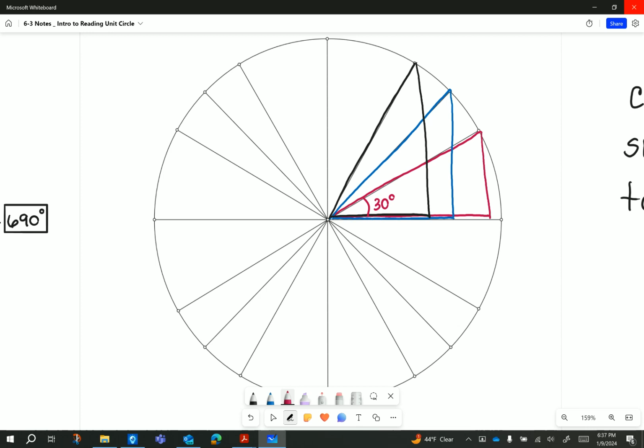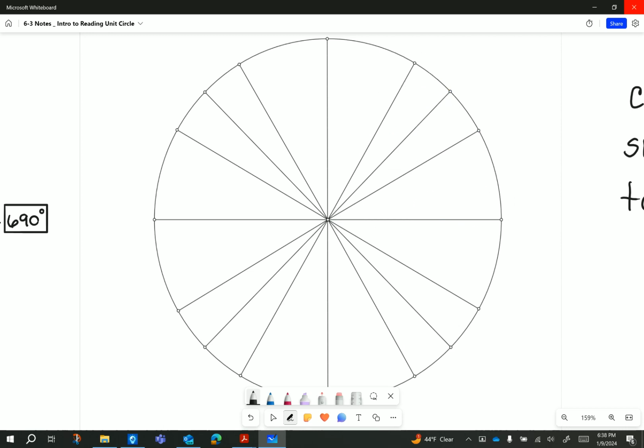If you guessed that the blue triangle, this interior angle, was a 45, 45, 90, you are correct. Then you switch back to the black one, which is kind of harder to see, so I'm going to erase this so you can see it a little better. This angle is the 60 degree angle. This time it switched, because this one was the 30 at the top, and the 90. So that's a 30, 60, 90. All this information is collectively put into this unit circle.